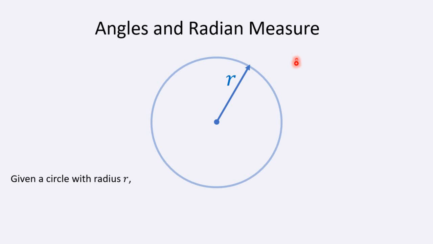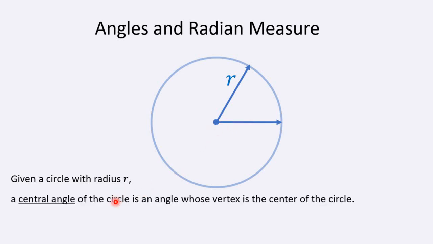The angle we create is going to have its vertex at the center of a circle. A central angle of a circle is an angle whose vertex is the center of the circle. So this angle we've created, theta, is a central angle of this circle.